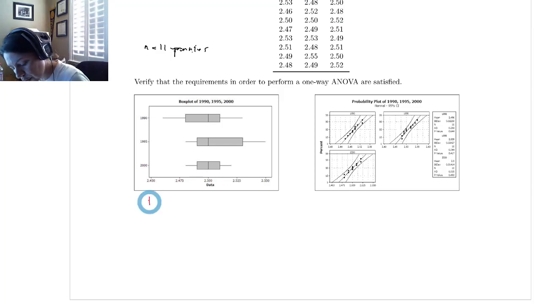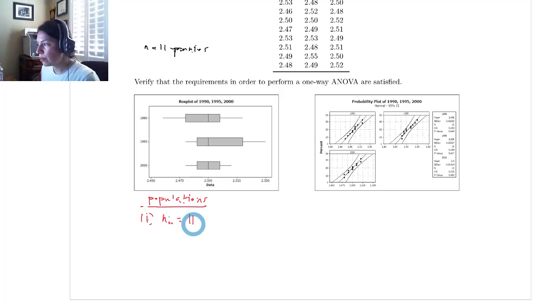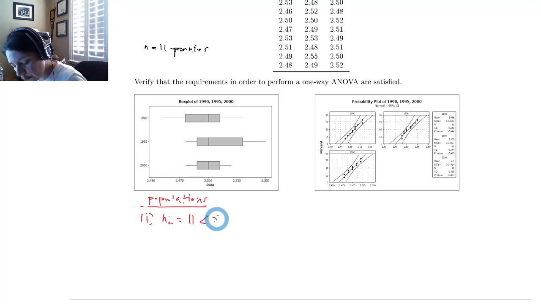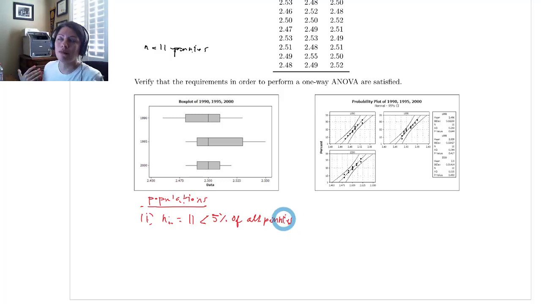Okay, first let's talk about the populations. All the sample sizes are the same, 11, and that would be no more than 5% of all pennies. I do think that 11 pennies from each of those years is quite a bit less than the population of pennies in those years that exist.